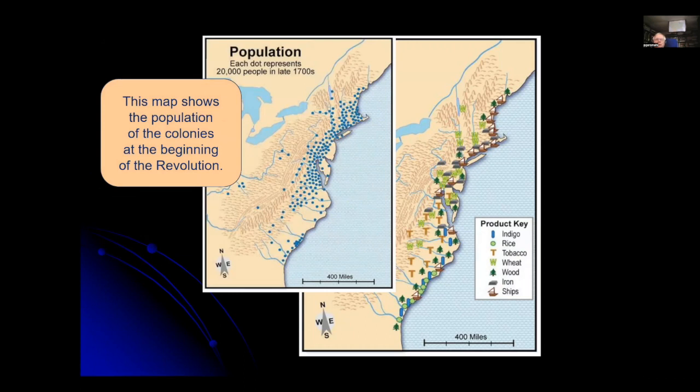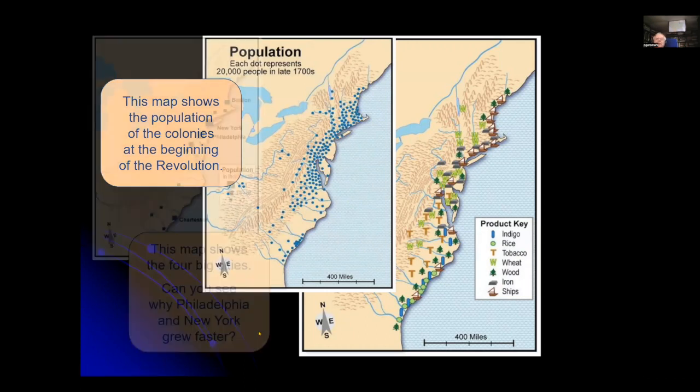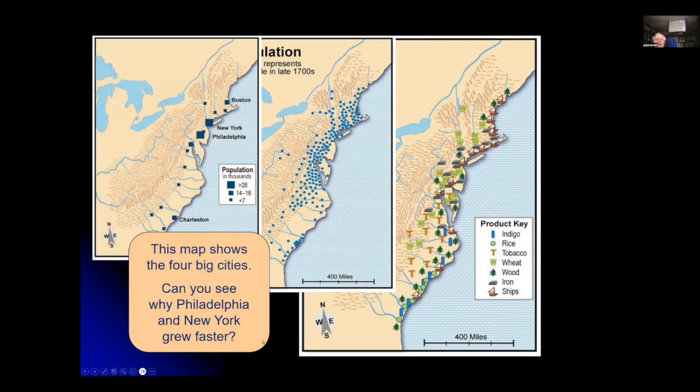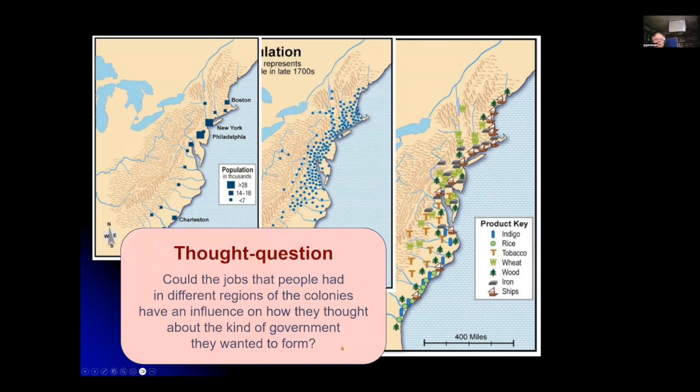So the clickable map has got a map of population. You can compare with that. And now we put the map of the cities on here. Can you see why Philadelphia and New York wound up growing so much faster than the other cities? Could the jobs that people could do in different regions have an influence?